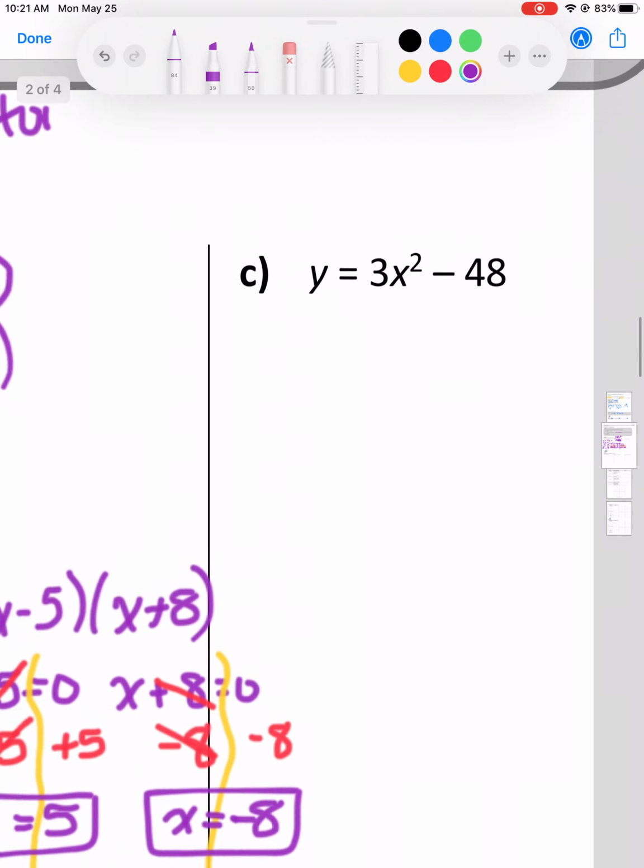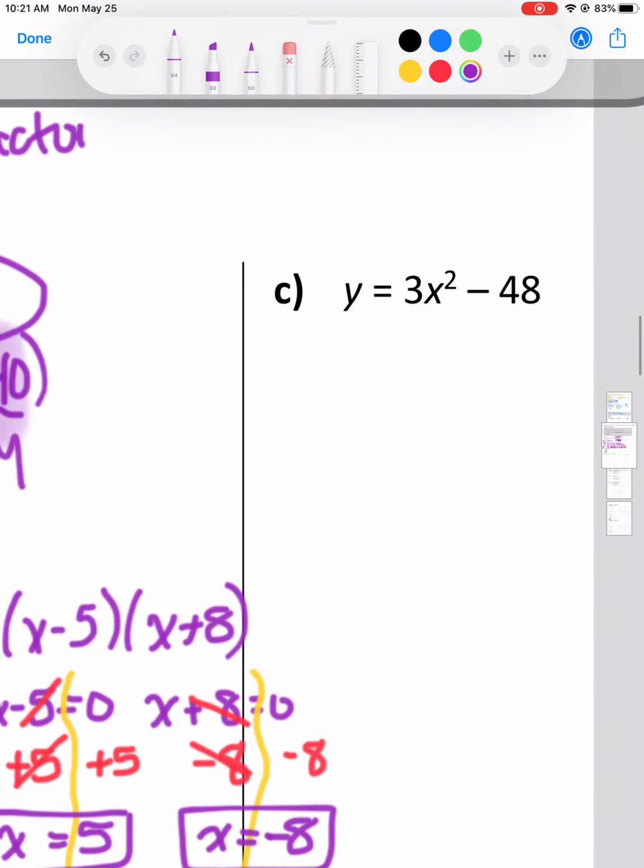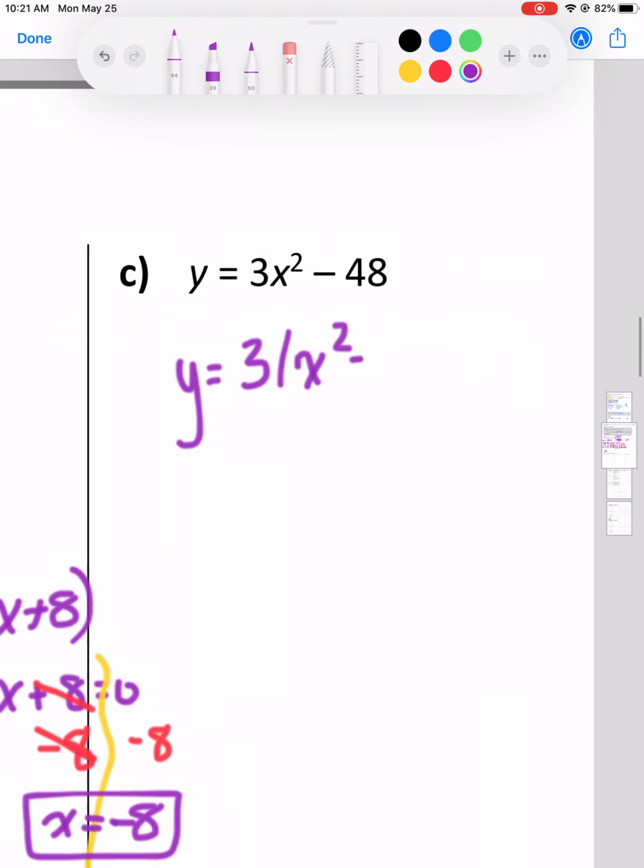Okay, last question. I'm going to go through it really quick. First thing I'm going to do is common factor first. So I'm going to take out a 3, because there's a 3 in both 3x squared and negative 48. Okay, now I need to factor this guy. So this is technically called difference of squares.